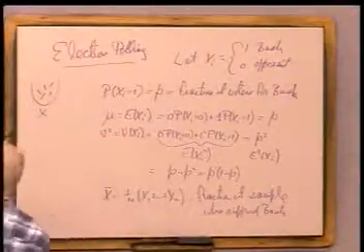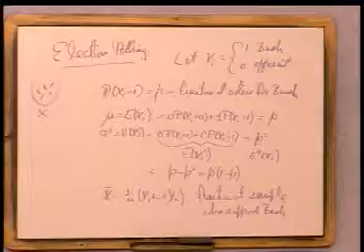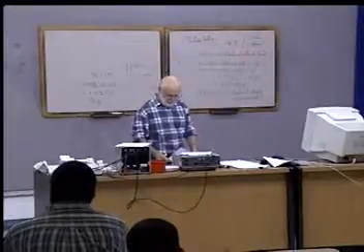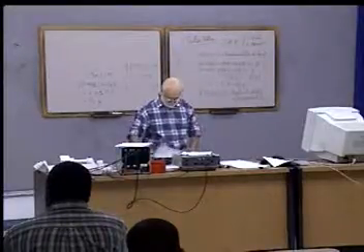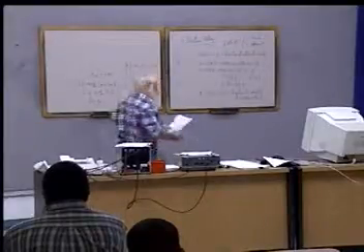Okay, so now I want to look at that. So let's see where I'll do that. I'll do that here. So what I want to do is, let me write it this way first.